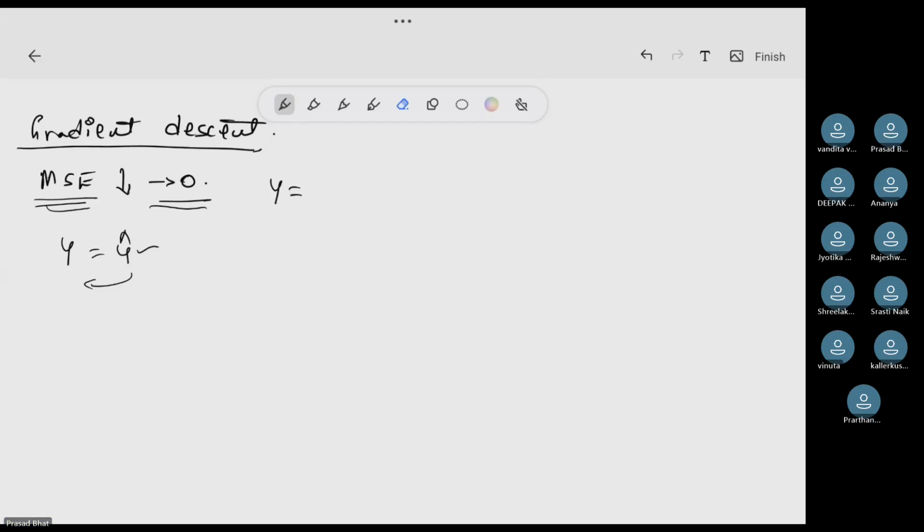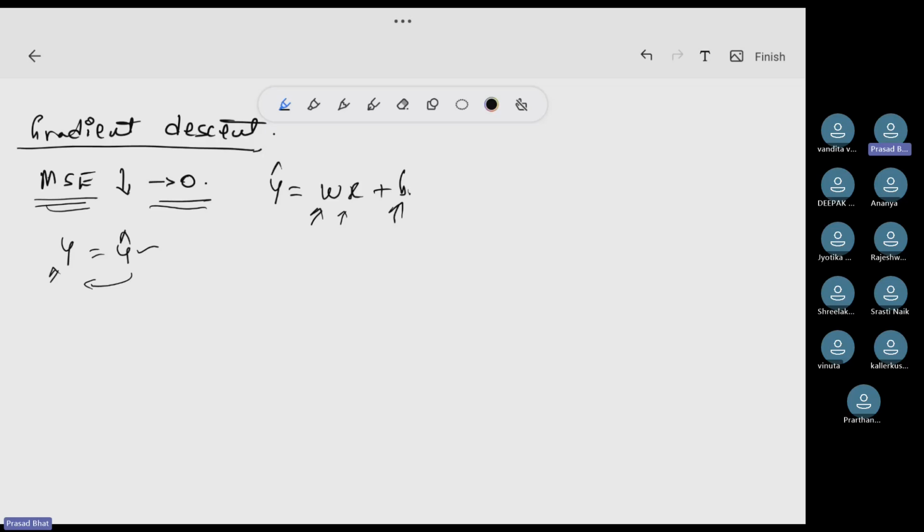Sorry, not A, W, X plus B, isn't it? This is what our model was. Now to reduce the error, we need to fine tune these two values, W and B. We have a training data set where the X values are fixed. We already have the value of Y to be precise, and Y cap is also something that we can calculate.